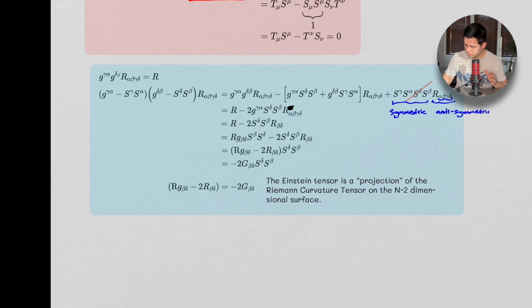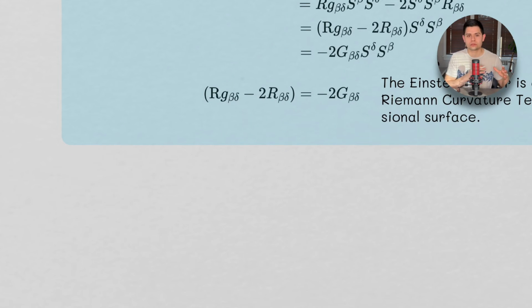This is important because when we start talking about the Einstein field equations, right? The Einstein field equations, we're going to have T mu nu. We haven't talked about this object yet.